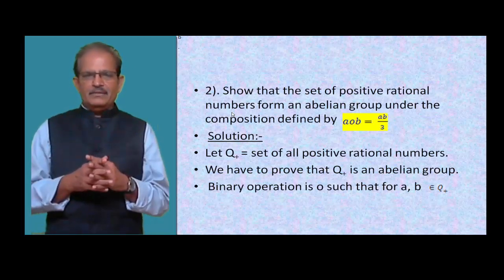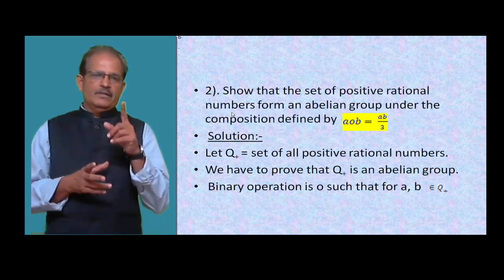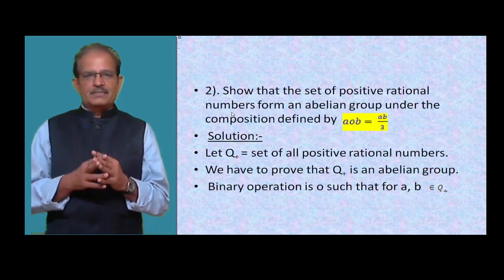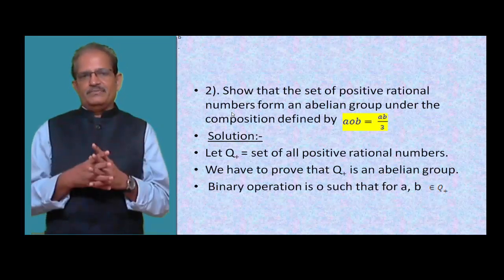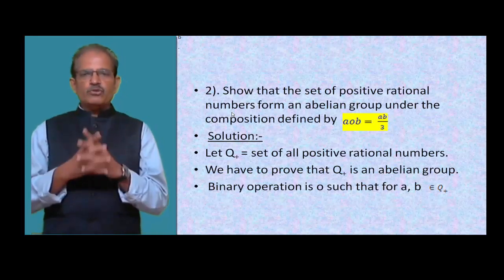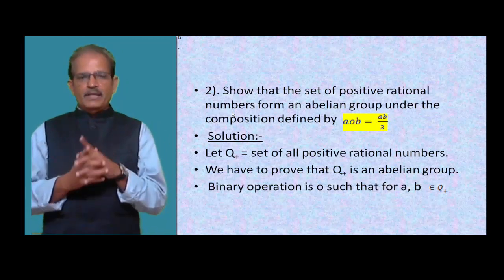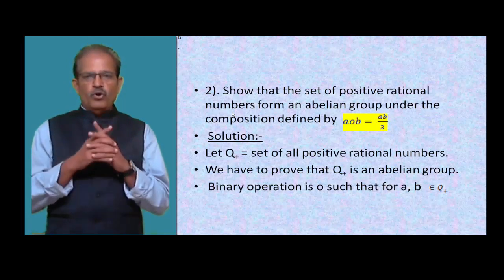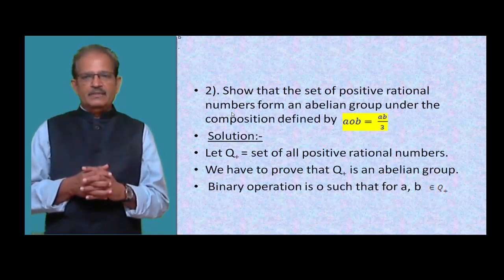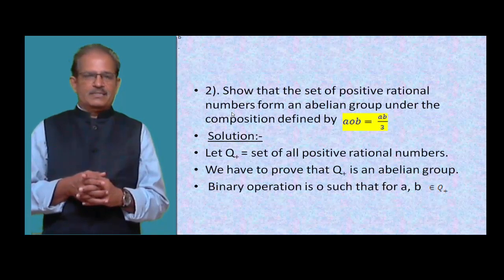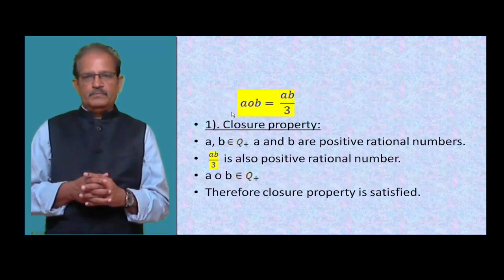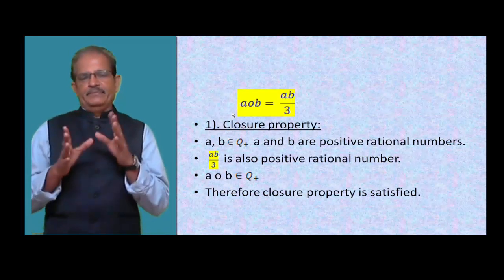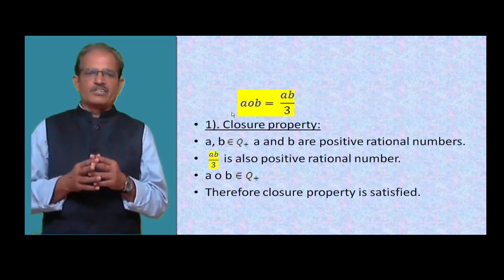So in the same manner, like in the previous problem, consider Q plus, the set of all positive rational numbers. And we have to prove that Q plus is an abelian group. The binary operation is O such that if A, B belongs to Q plus, A O B is equal to AB by 3. That is our binary operation.